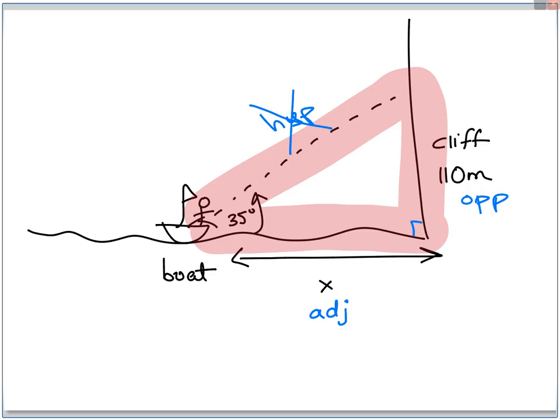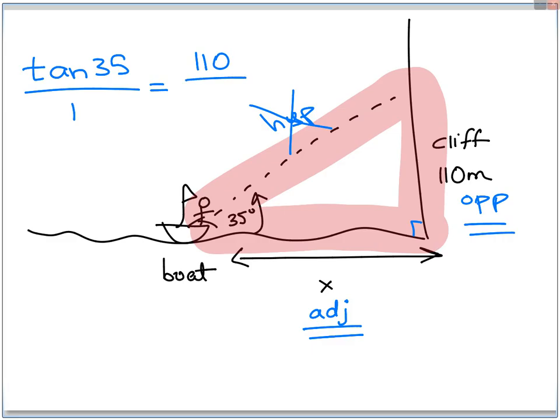We don't care about the hype. Which one does op and edge? Tan. What goes next to tan? Angle, 35. We're solving for sides, so put it over 1. Op goes on top, 110. Edge on the bottom, x. If it's in the denominator, you'll end up dividing.